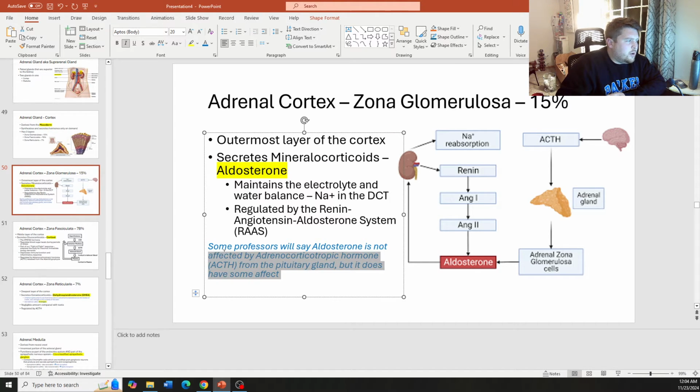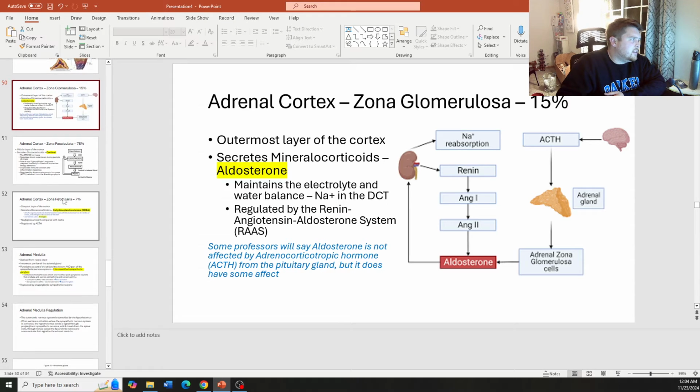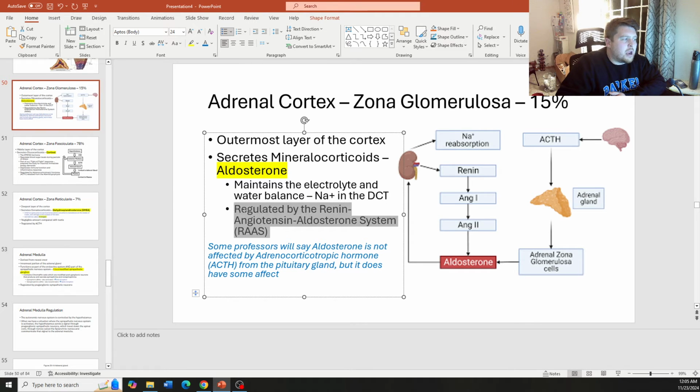I threw this little note in here because the professor whose slides I used for the base of this specifically said that there is no involvement of the adrenocorticotropic hormone to stimulate this. And while it's primarily regulated by the renin angiotensin system, there still is some effect coming from the hypothalamus and the pituitary gland and everything else up there.